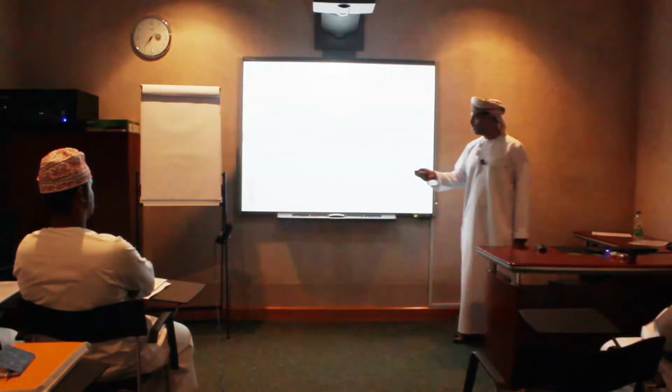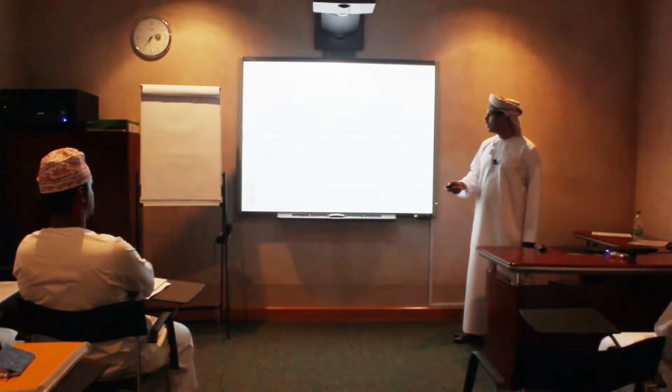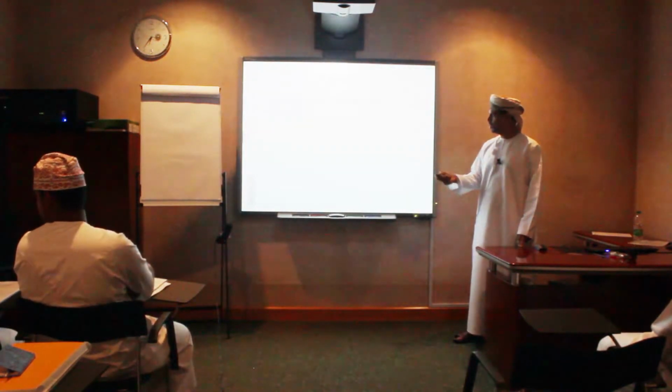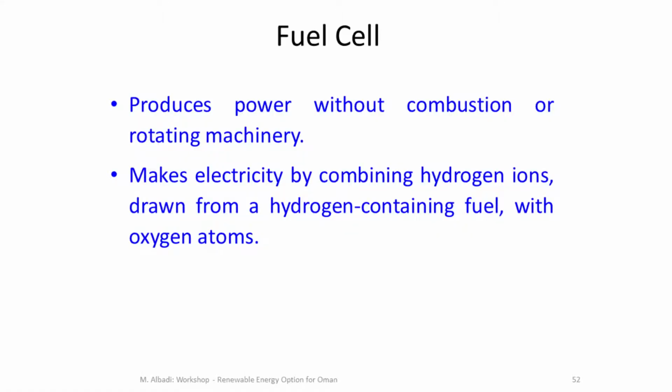Prototype machines make electricity by combining hydrogen ions with oxygen, with the electrons that pass through the load. The current is related to the size. We covered that. The voltage is limited to the size of the plate, so we can have the same thing as with the PV system. We can have parallel and series connections to increase the voltage and also the current.